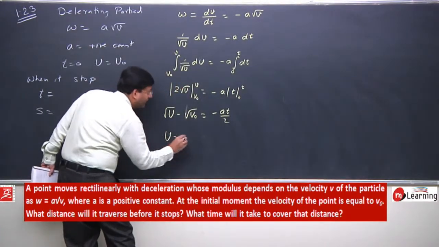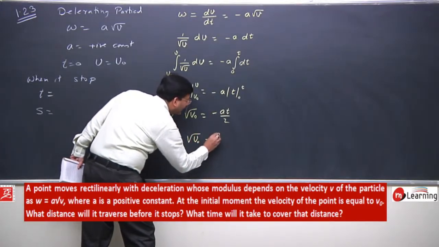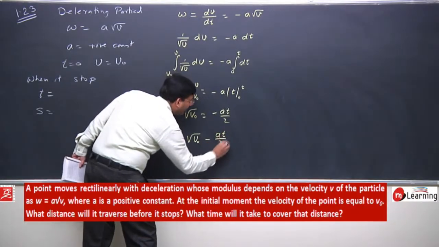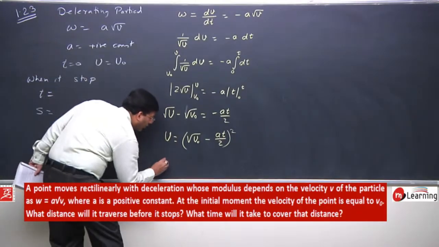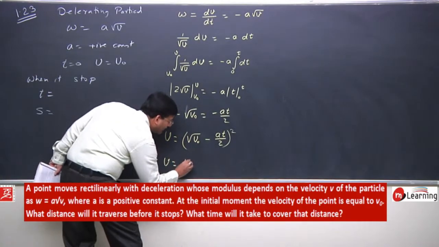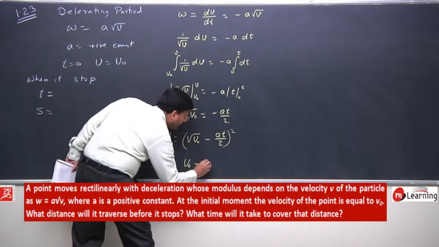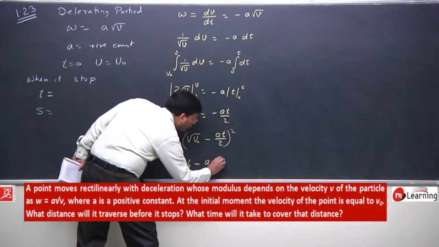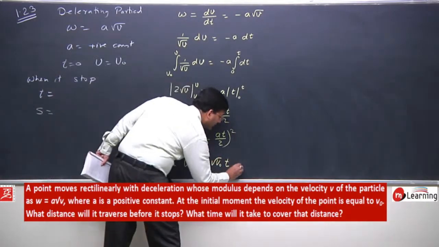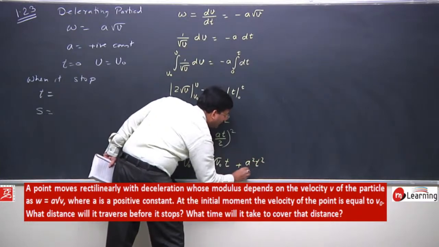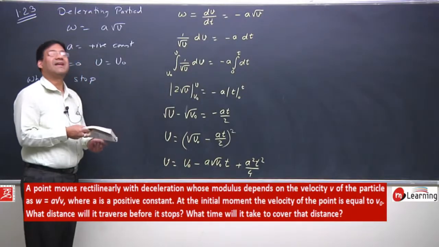Or velocity as a function of time would be root v naught minus at by 2, whole square. This is velocity as a function of time, or I may also write it as v is equal to v naught minus a root of v naught into t plus a square t square by 4. This is velocity as a function of time.